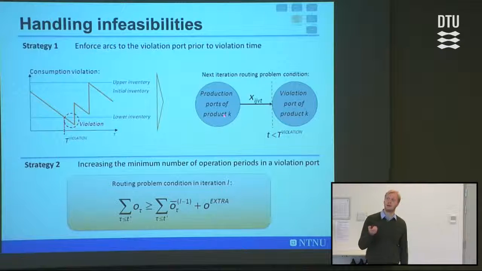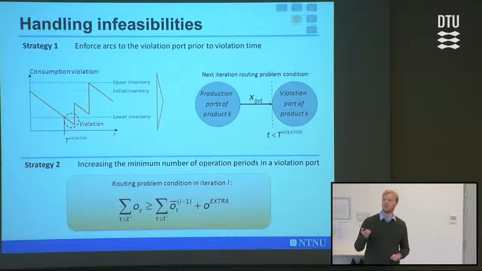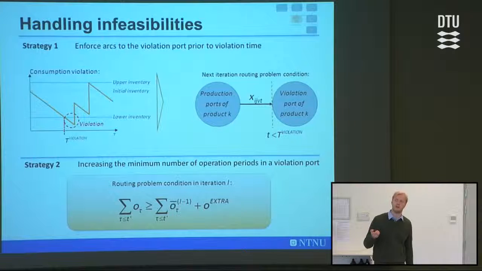Then we take all production ports of that product and say that we have to have at least 1 extra arc from these ports to this one before this time. So we enforce that we have to sail from these ports to this port. This is a rather strong enforcement.